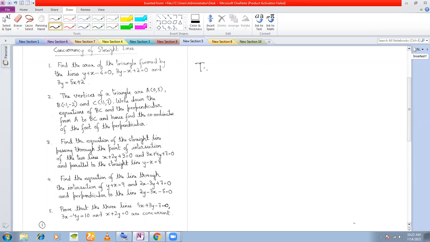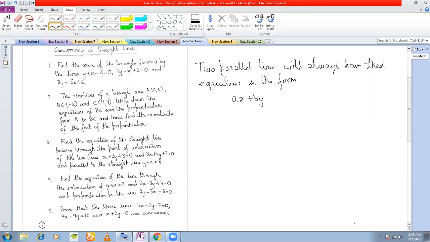Two parallel lines will always have their equations in the form ax plus by plus c1 is equal to 0 and ax plus by plus c2 is equal to 0.